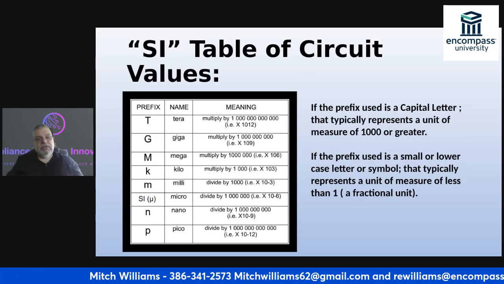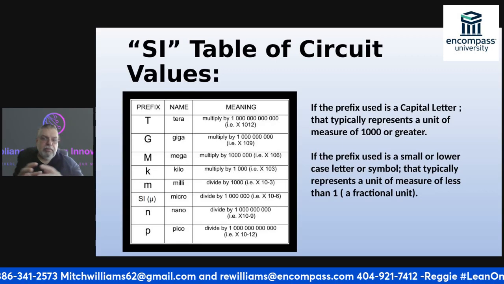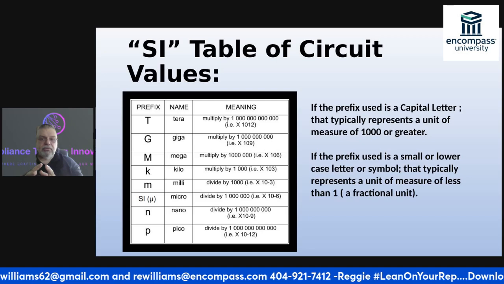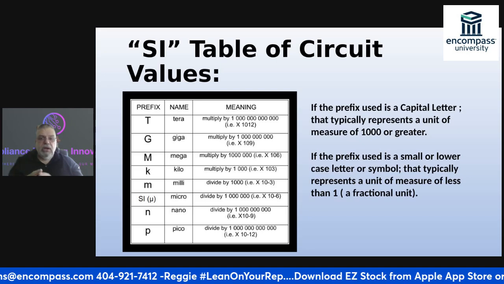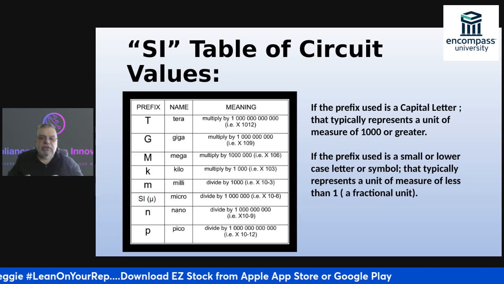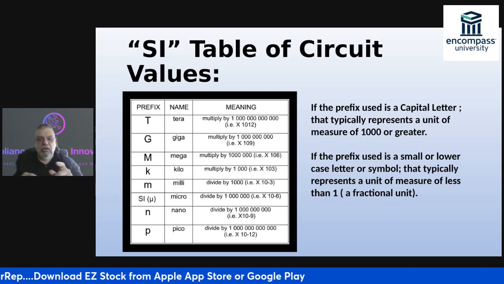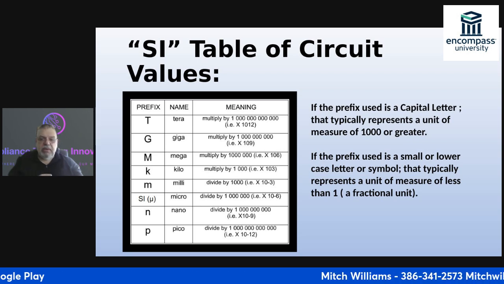So let's go to the SI table of circuit values. If the prefix used is a capital letter, that typically represents a unit of measurement of 1,000 or greater. If the prefix used is a small or lowercase letter or symbol, that typically represents a unit of measure of less than 1. It's a fraction.